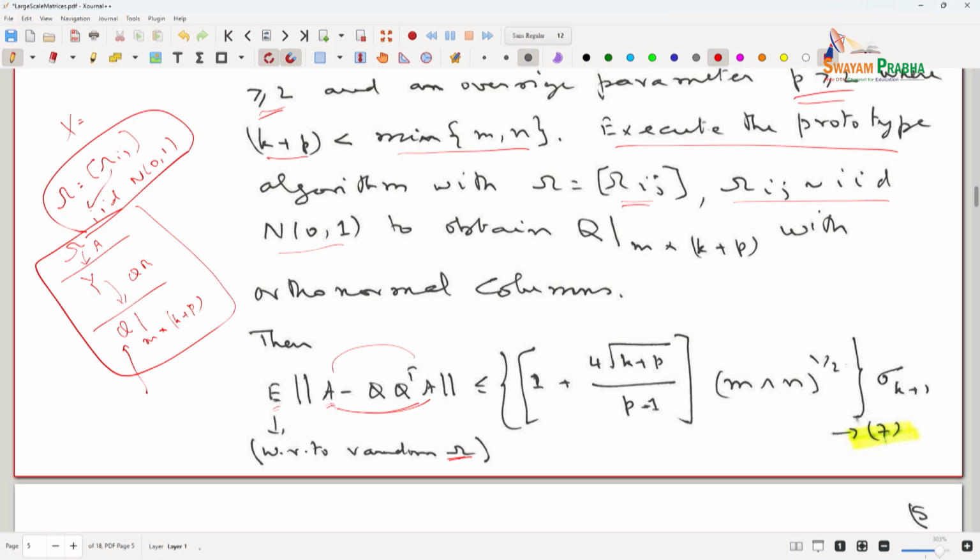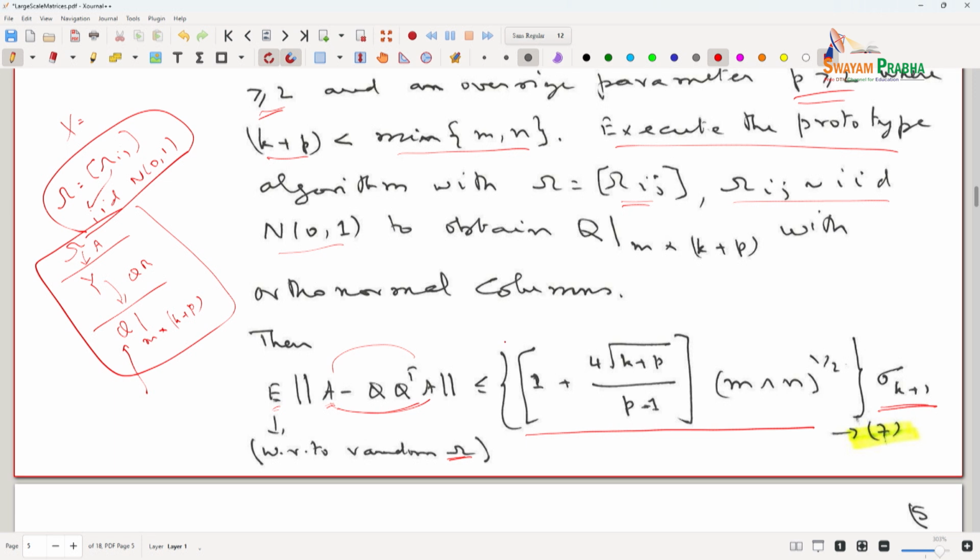It can be shown this error is no more than the upper bound given in here. Look at this now. Sigma k plus 1 is the k plus 1 singular value of the original given matrix A. If it were to be a PCA, we can achieve the actual upper bound for the norm of the difference between A and the approximation, which is equal to sigma k plus 1.